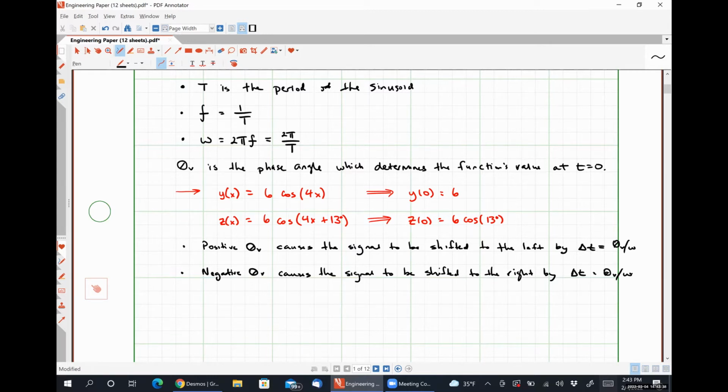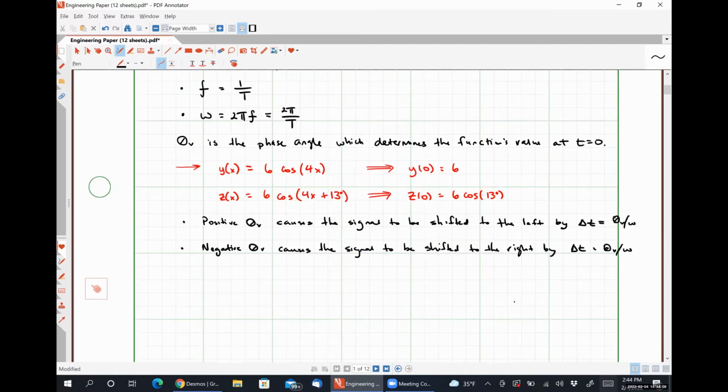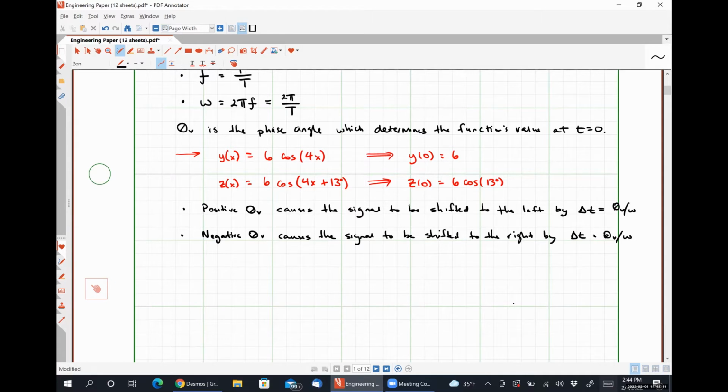So if you're ever trying to calculate the instantaneous value of a voltage waveform or something like that, you need to be careful regarding the units of your angle, because inside that cosine function is an angular frequency that's being multiplied by time, giving you an angle in radians, to which you are adding a phase angle, which is measured in degrees. So the conversion between degrees and radians is this relationship.